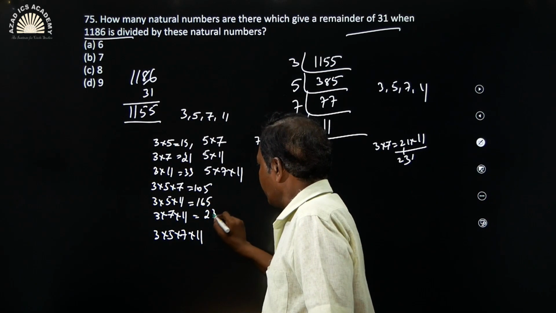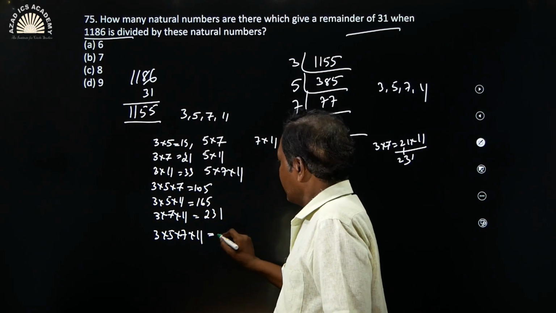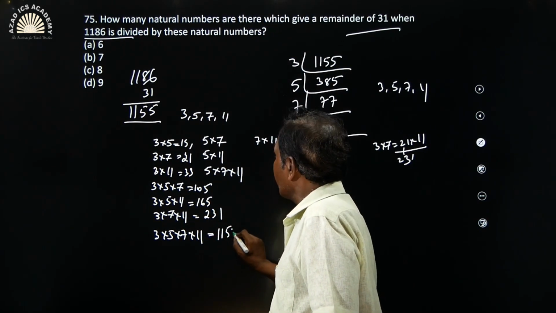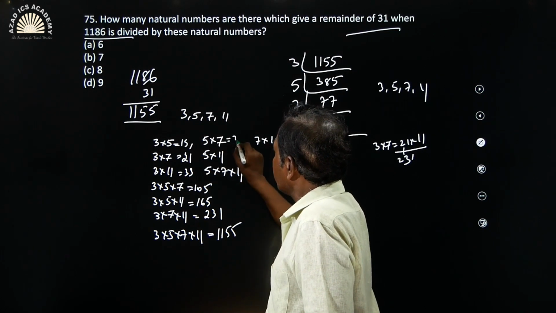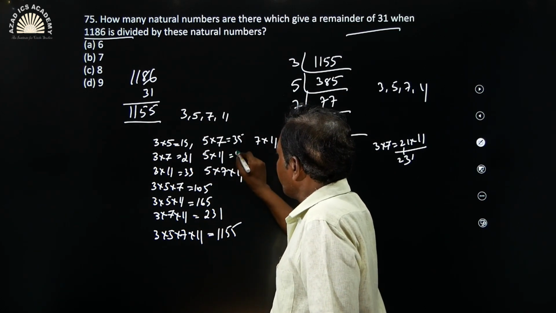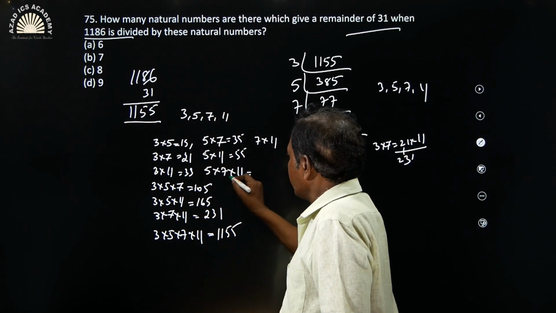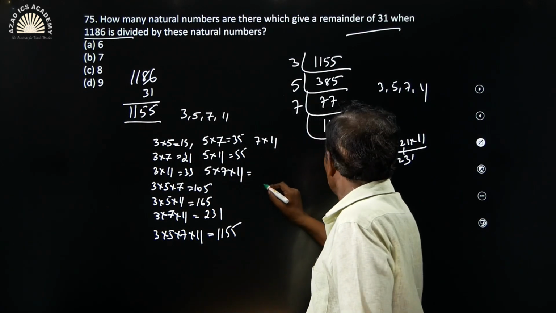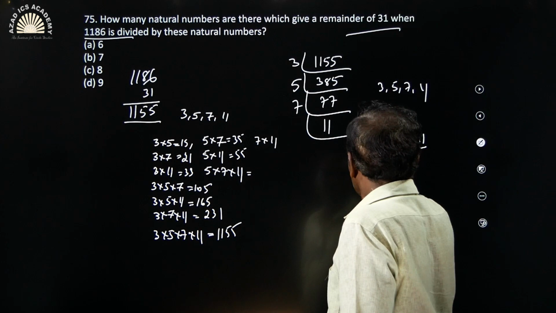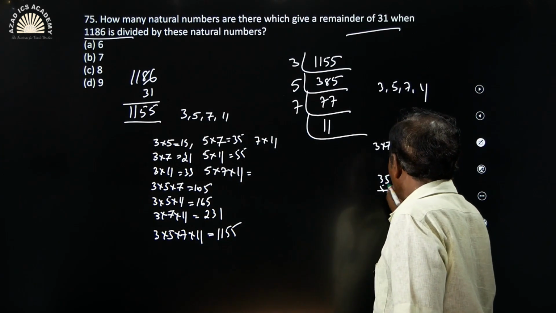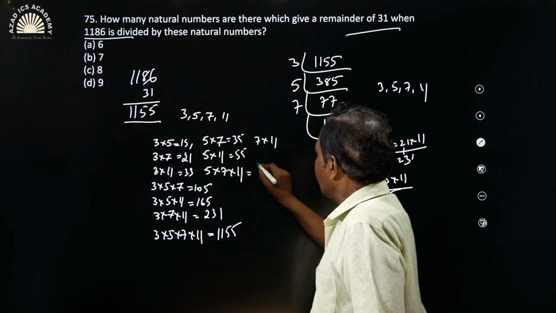This is 231. This is straight away the same number, 1155. Okay, here it is 35, this is 55, and this is 35 into 11, 55, 33, 385.